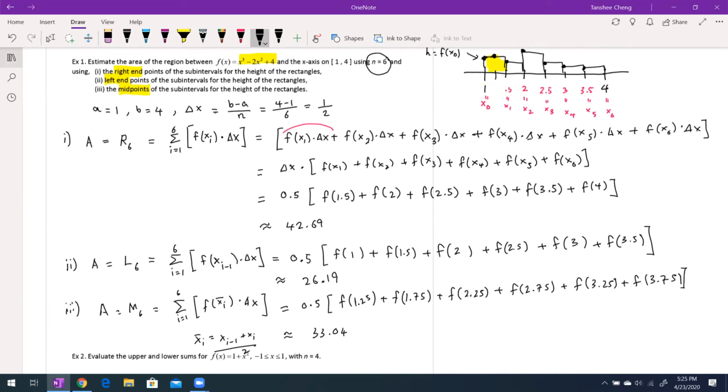Are we all okay with this? Any questions? In my opinion, I don't think this is a really complicated concept, but you just have to be careful on the computation part, and understand the differences between approximations: right endpoint, left endpoint, and midpoint approximation.